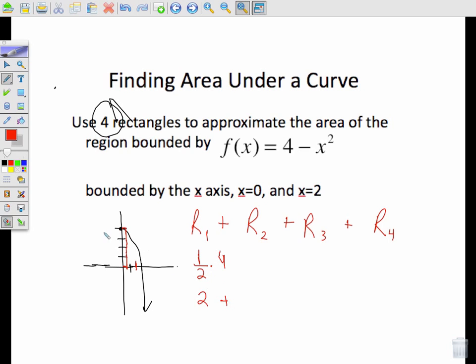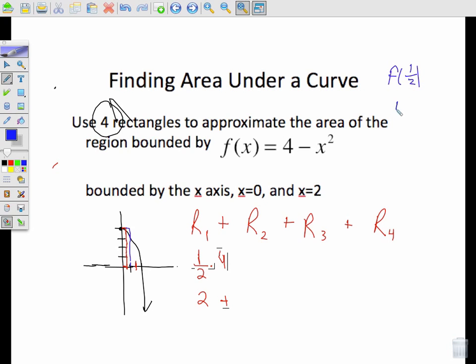Plus, now my next rectangle. I want the rectangle to go all the way over from 1/2 to 1 and all the way up to wherever the function is equal to f of 1/2.